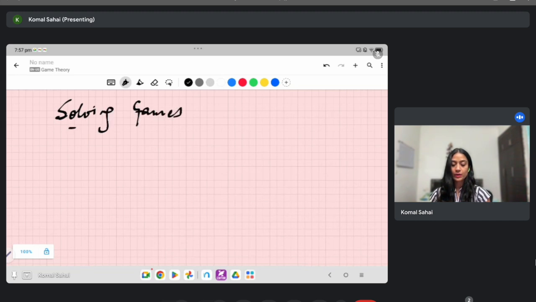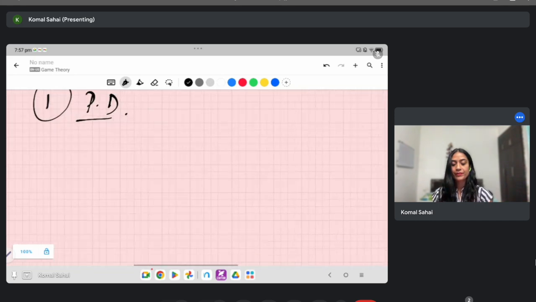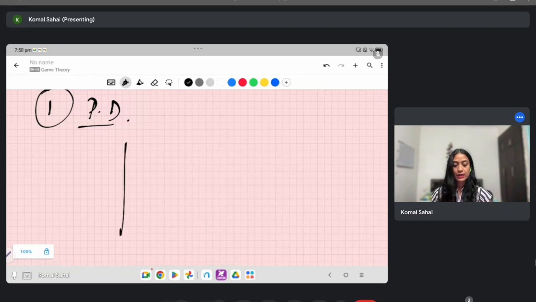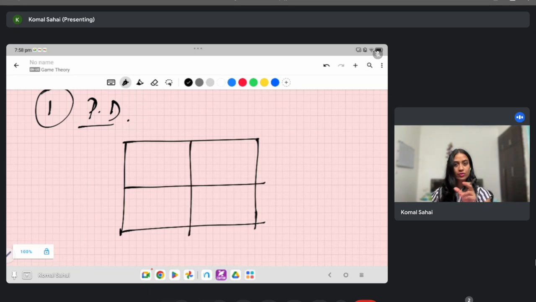The first one that we will do, of course, is the Prisoner's Dilemma, and the way we will do it is that we will look at each action profile, that means each outcome that is possible in this game, and we will see whether in this outcome any player can benefit by deviating unilaterally. If that deviation is possible, then of course it's not a Nash equilibrium. And if for an action profile such a deviation is not possible for any player, then that becomes the Nash equilibrium.